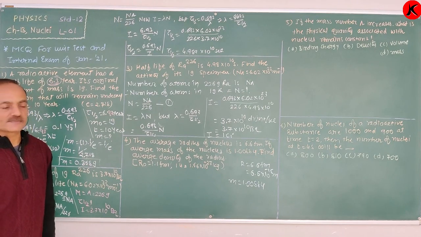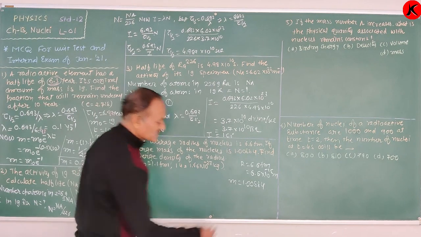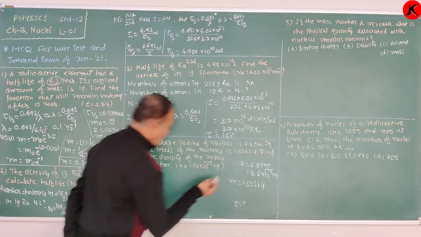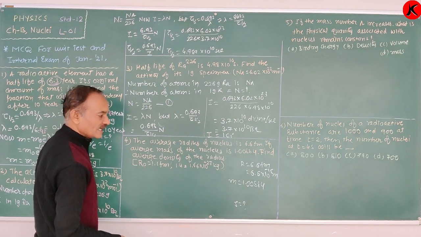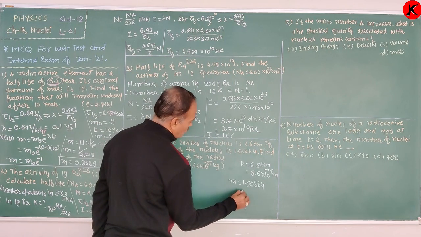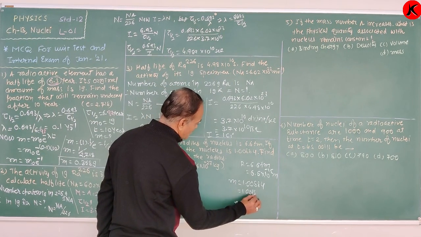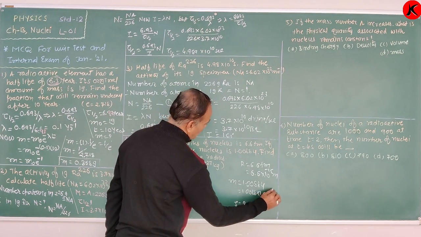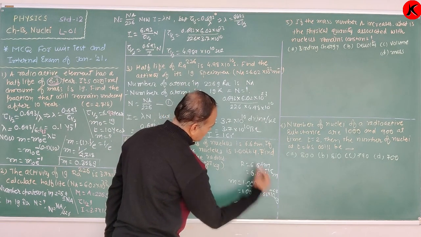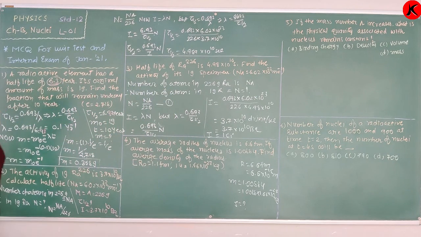Find the average density of the nucleus. We have to find out the density. And 1 atomic mass unit is also given as 1.66 into 10 to the minus 27 kg. Therefore, 1.0088 into 1.66 into 10 to the minus 27, that much kilogram.